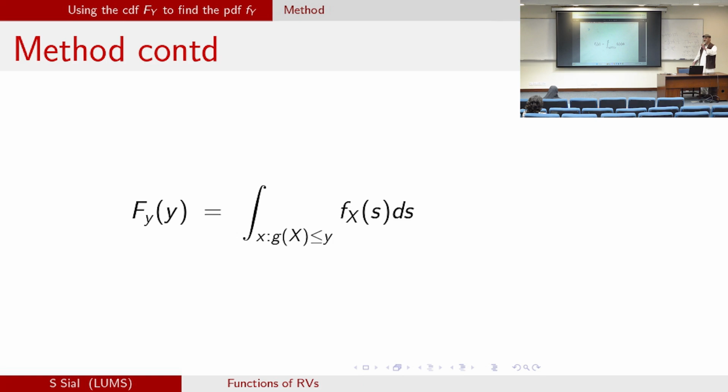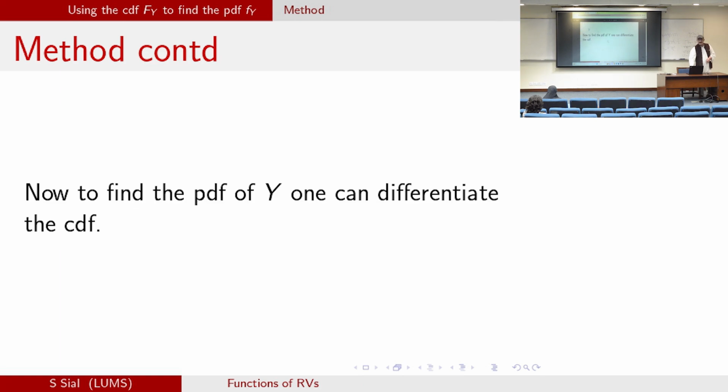So if g of x is less than or equal to y, then x must lie in some range where g of x is less than or equal to y. Okay? We'll do a specific example. Hopefully it'll be clear. Okay? Now that you found the CDF, to find the PDF for y, you differentiate the CDF for y. Okay?